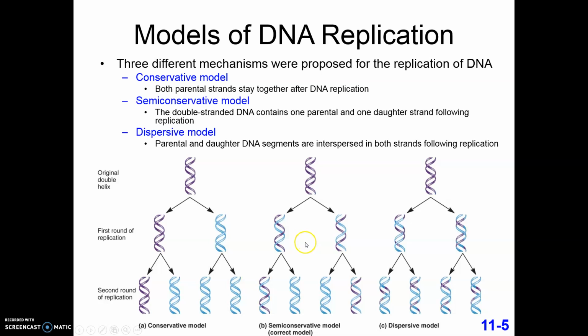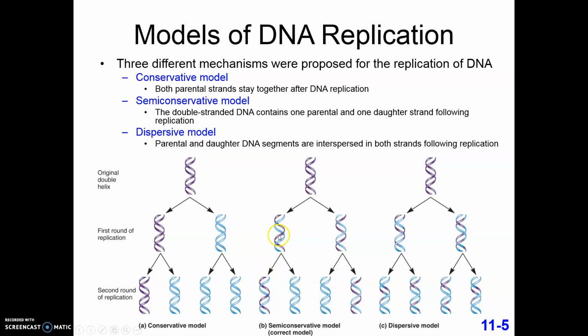There is something called the semi-conservative model, and here we see the two parental DNA strands. They are separated and then filled in with a daughter strand that is complementary. Same over here. So this has one of the two strands being original, and this has one of the two strands being original. We go through a round of replication again, so this gets separated.